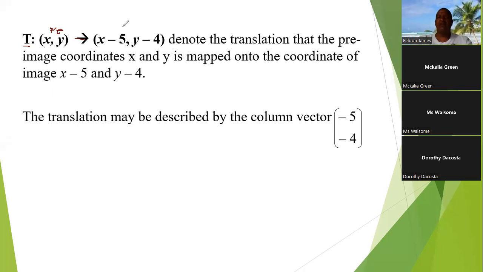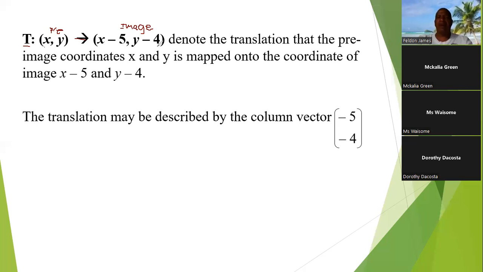And this now will give you your image. All right, guys, so your pre-image (x, y) will map onto your image (x minus 5, y minus 4).